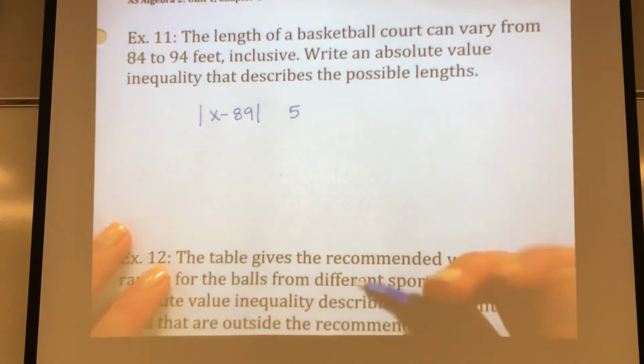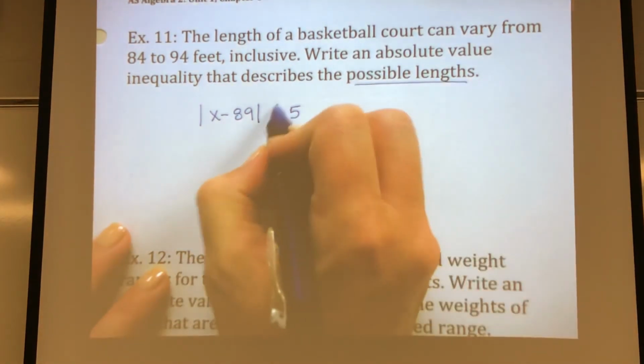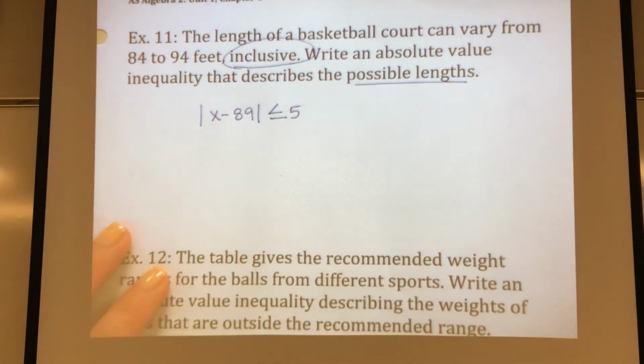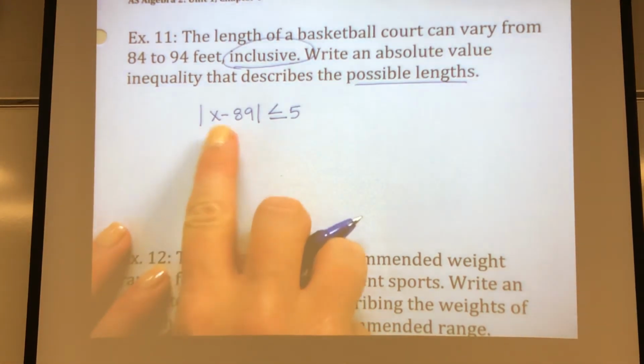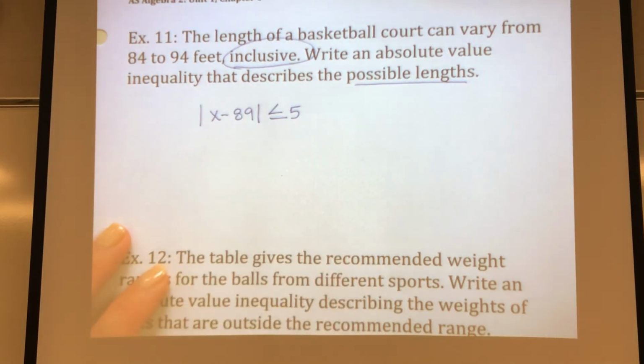We want to know the values in between because we want the acceptable possible lengths. So that would be less than. And it said inclusive, so we'll put an equal to sign. If I ask for unacceptable, of course we would say x minus 89 is greater than 5 for the unacceptable.